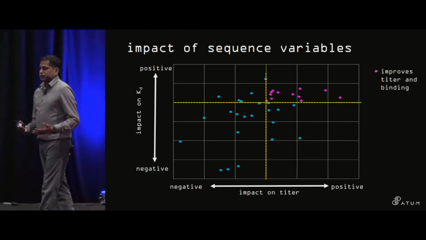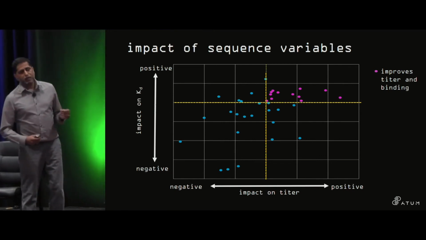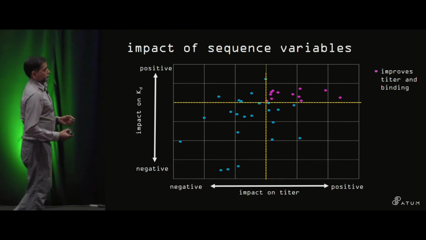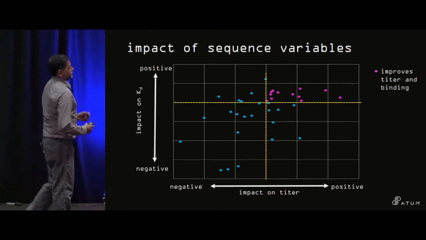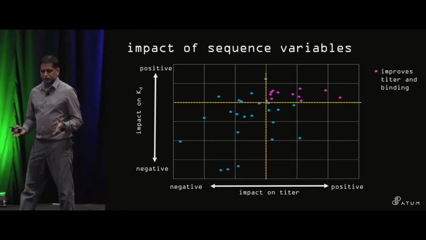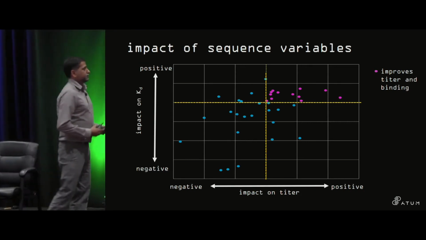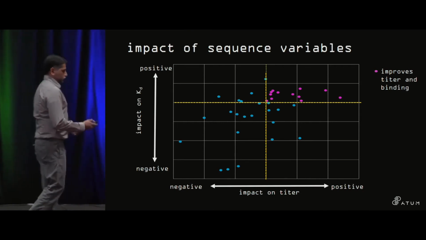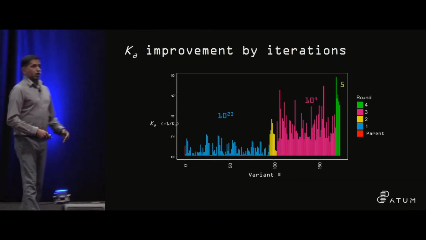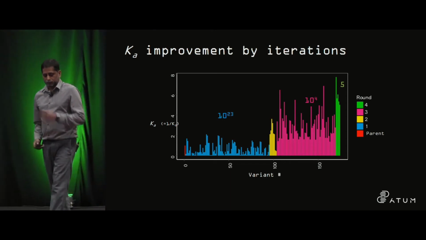Here, every dot in this plot shows a particular substitution made, either in the CDR or in the framework, and what impact it has on any given property. Imagine drawing this in 10 dimensions, right? So we're always able to find certain substitutions, combinations and interplay that directly give you a readout on how you can improve and make changes to the antibody and make it better.